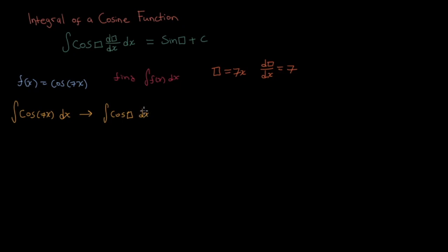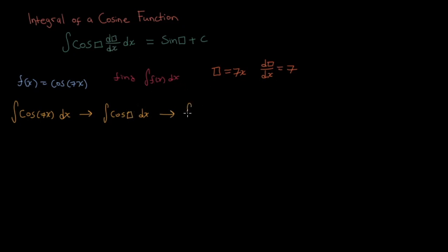As you can see, we have a dx here. What we want is to be integrating with respect to this placeholder. To do that, we simply multiply this by this expression here.